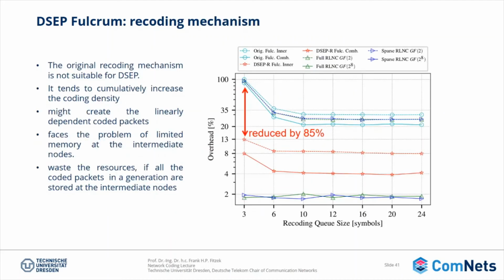So let's figure out the recoding mechanism of DSEP Fulcrum. As you know, the original Fulcrum codes use only the binary field at recoders to recombine the coded packets. However, the original recoding mechanism is not suitable for DSEP because it tends to cumulatively increase the decoding density, and therefore reduces the throughput at the recoder.